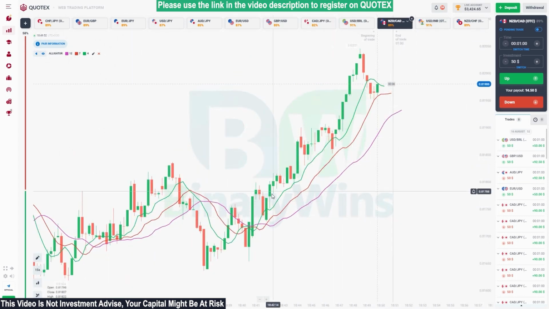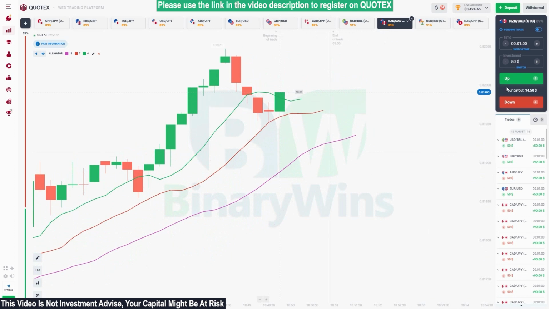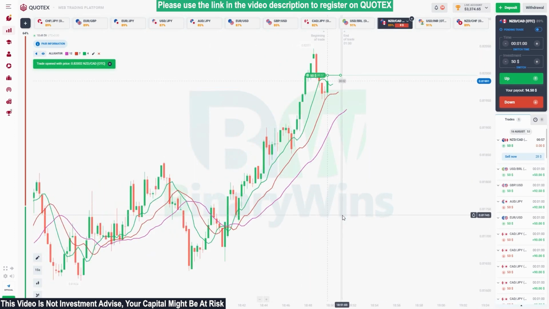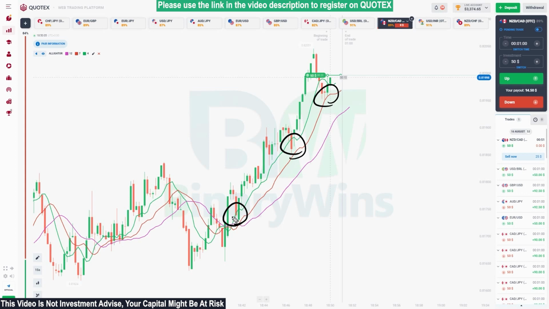The upward trend. As you can see, the chart has already reacted to this trend, and there is a possibility that the upward trend will continue.